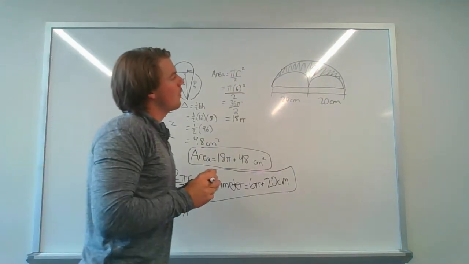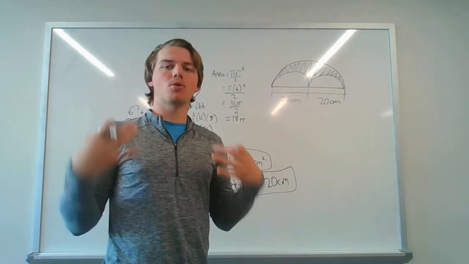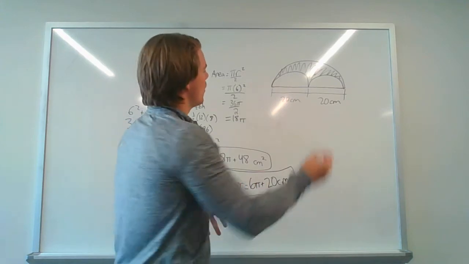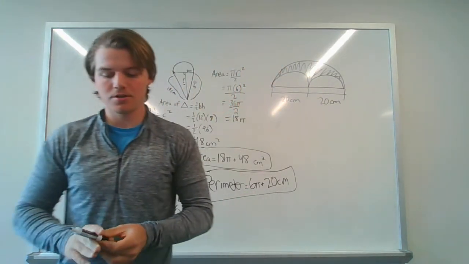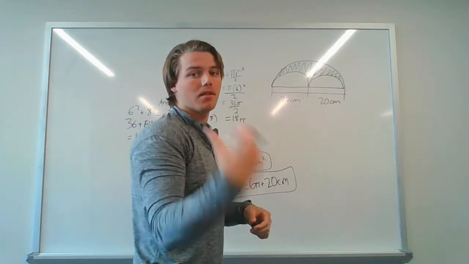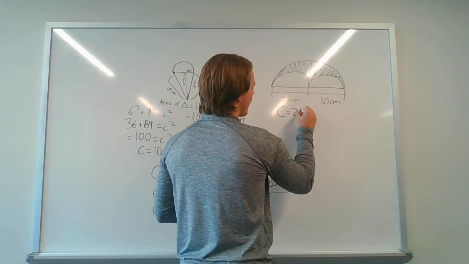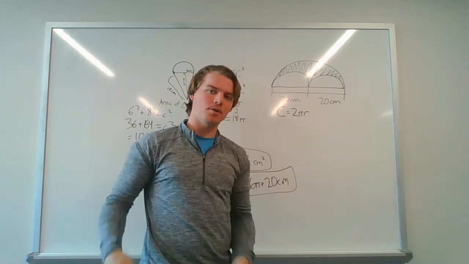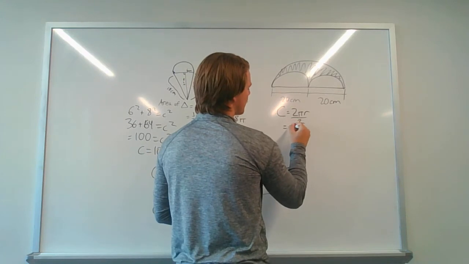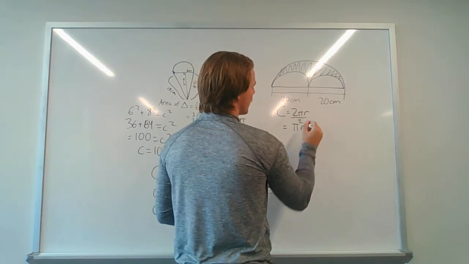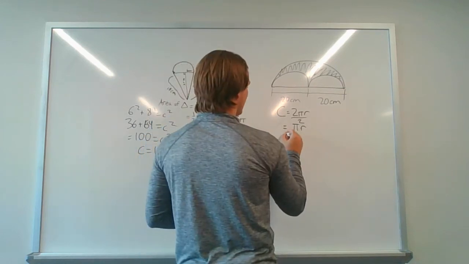So now we're just trying to find the area of the shaded region. But first, we're going to find the perimeter. It seems a little bit easier. We've just got this part to worry about. Again, the circumference of a circle is 2 pi r. Again, we're dealing with a semicircle, so we're going to divide that by 2. We've got the circumference equaling pi r, just pi r.